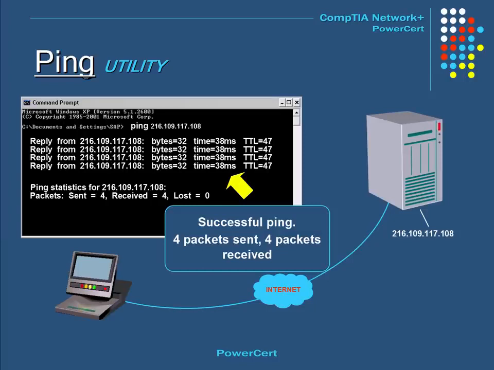For example, if we received a reply, then that means that there is general network connectivity between us and the destination. But if we did not get a reply, then that means there is no reply from the host, and it could mean that there is no network connectivity between us.